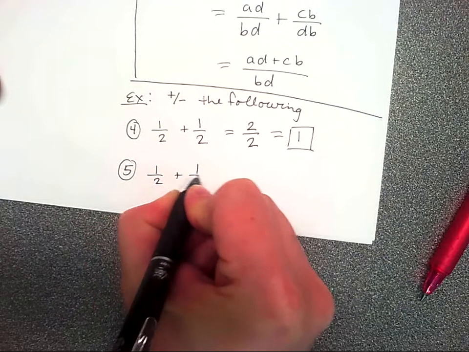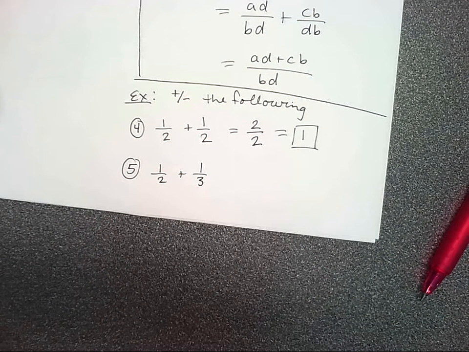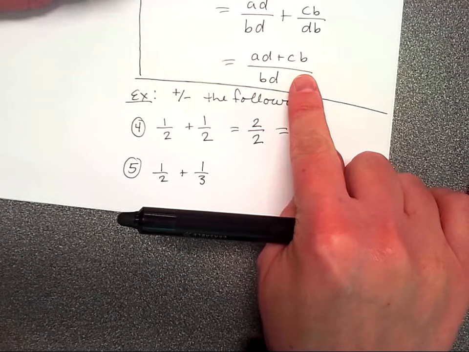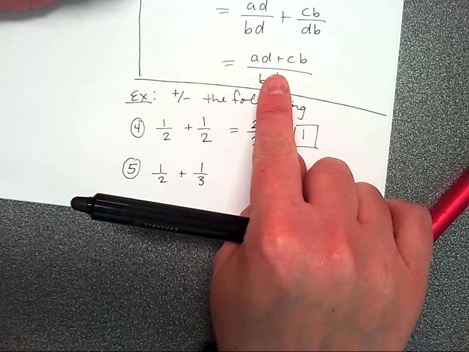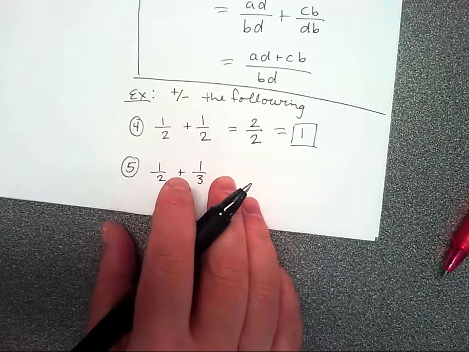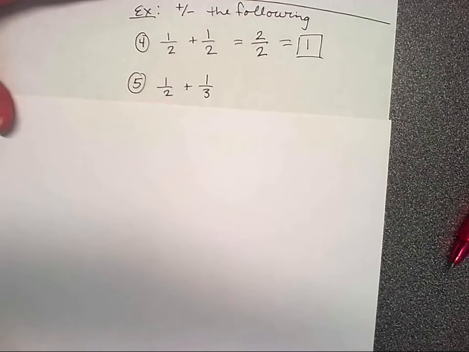How about 1/2 plus 1/3? We can either go straight from this formula to here, or we can do the reasoning behind it as well. Let's do the reasoning behind it, and then if we just want to jump to the formula, we can.